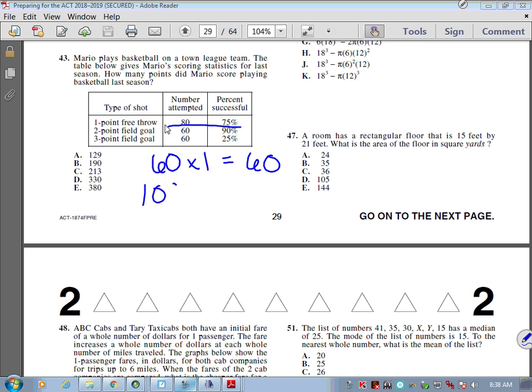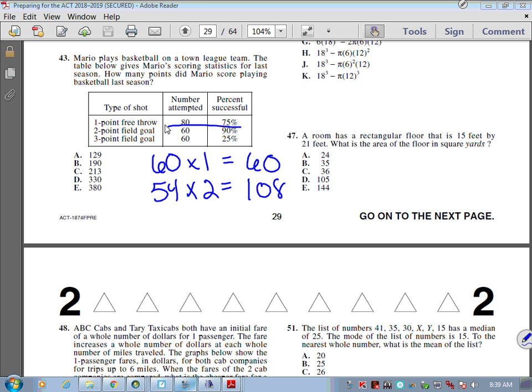Yeah, it's 54. Okay, it's 54, but a 2-point field goal is worth 2, so I'm getting 108 points for those 2-point shots. And then I have 25% of 60.